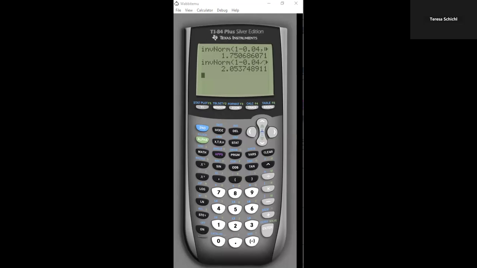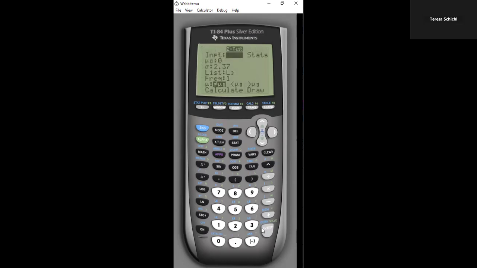In order to get the p-value, let's do this. I'm going to use STAT, and I'm going to use the test. Because this is such a popular test, we use the first test, the z-test.